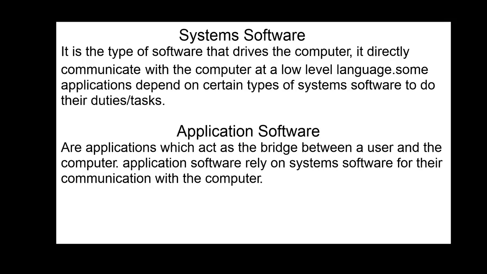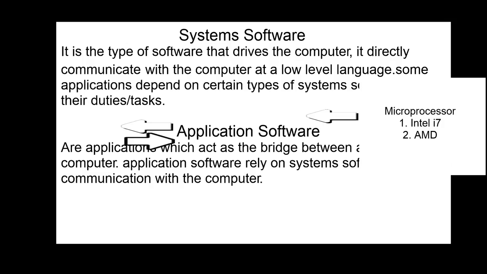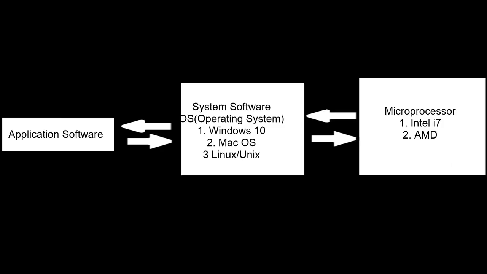So the job of the system software is basically to take the set of instructions from the application software and convert them into a set of instructions that can be understood and executed by the microprocessor that is running those application software.